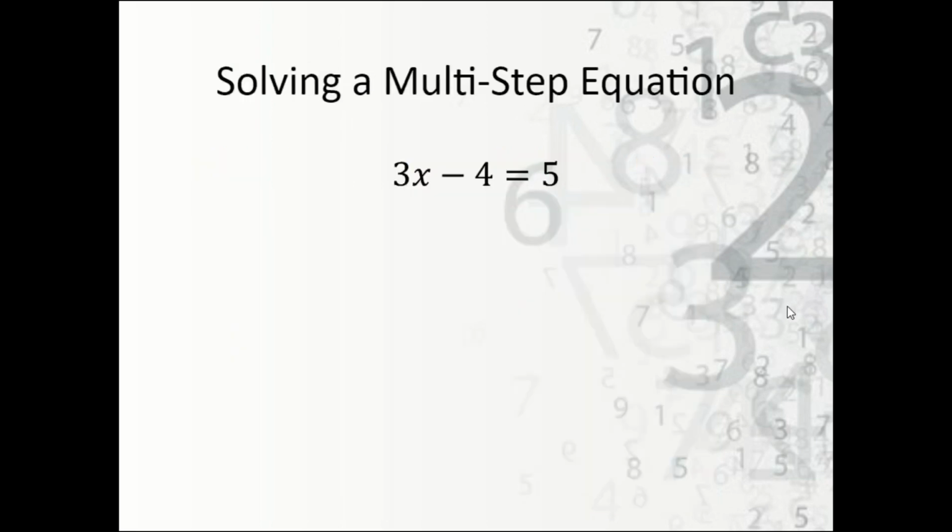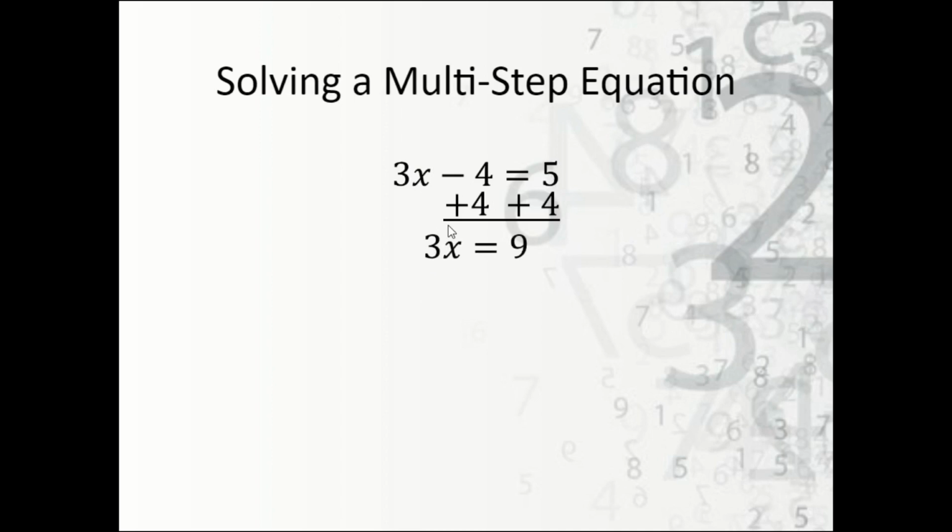So let's look at a simple equation here. We're given 3x minus 4 is equal to 5. Well, we all have our ideas of how to solve this, and most of us would just get to work right away. We'd add the 4 to both sides and then divide by 3. So let's go ahead and do that. We add 4 on both sides, and we're left with 3x is equal to 5 plus 4, which is 9.